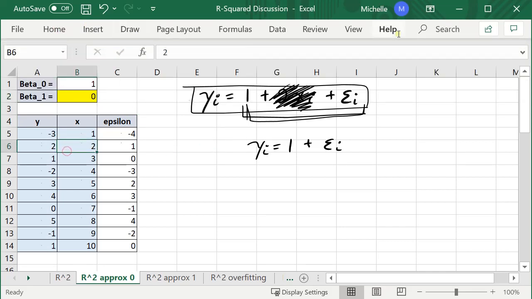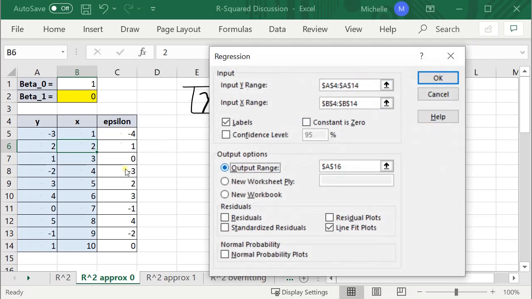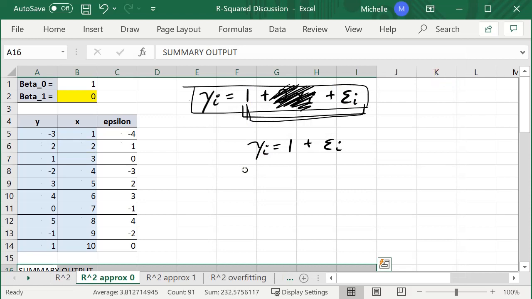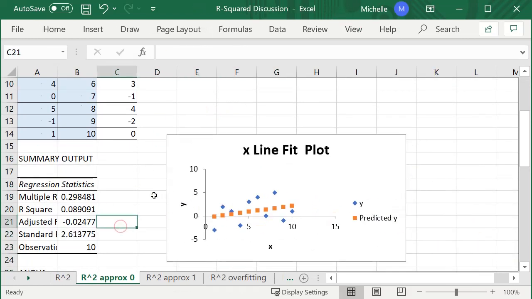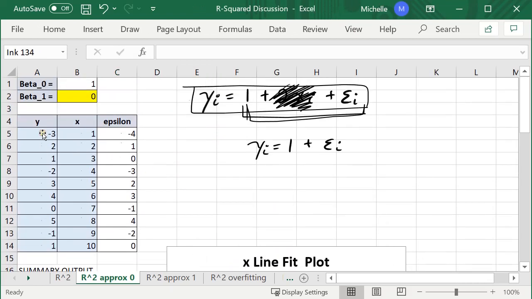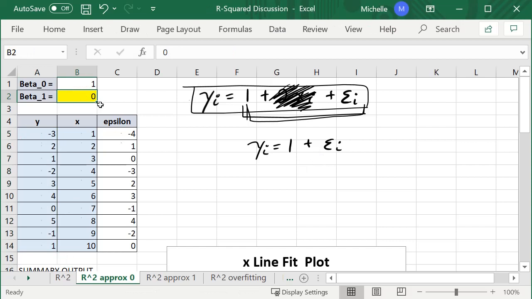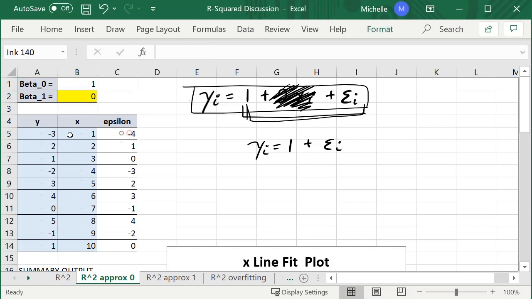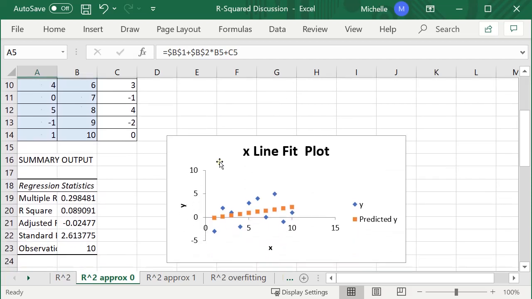Then let me go ahead and run the regression again and see what R squared is. Let me go to data analysis, regression, all this stuff. It's going to stay the same because all this stuff is in the same location. Press OK. Okay, and what do we see? We've changed the way the y's are being calculated, because now with beta 1 equal to 0, it's basically just this random epsilon plus 1, right?